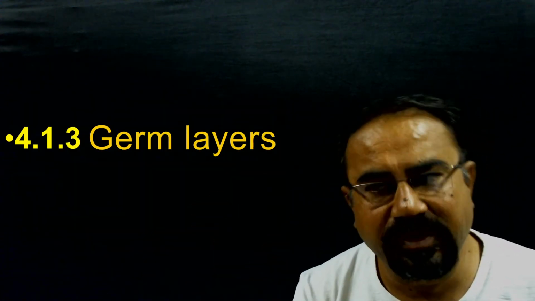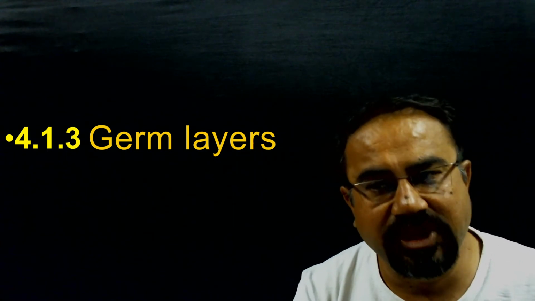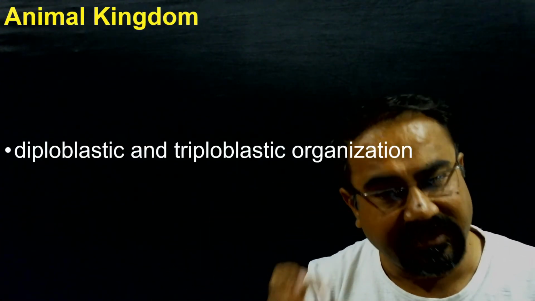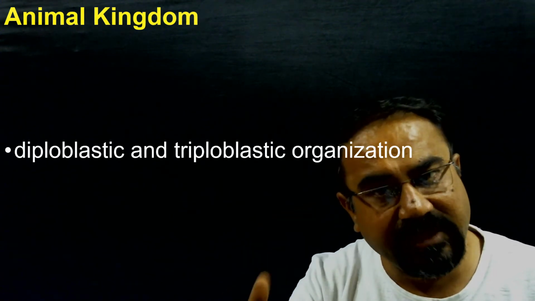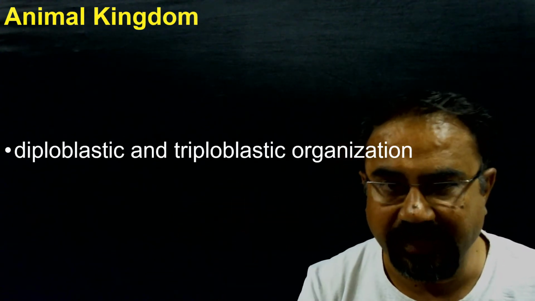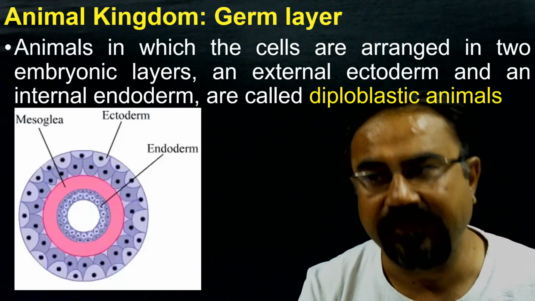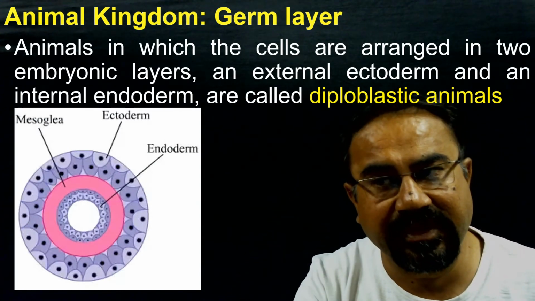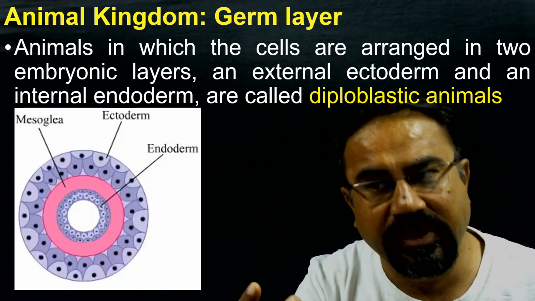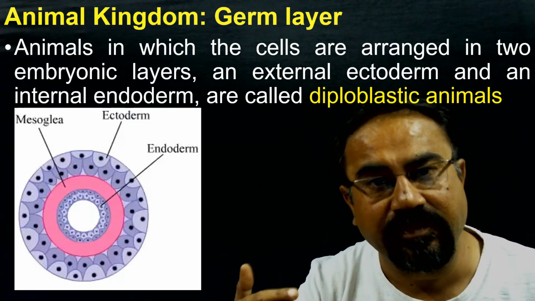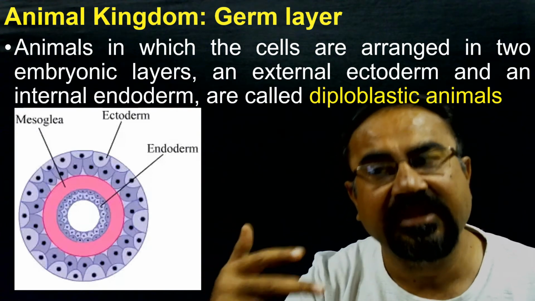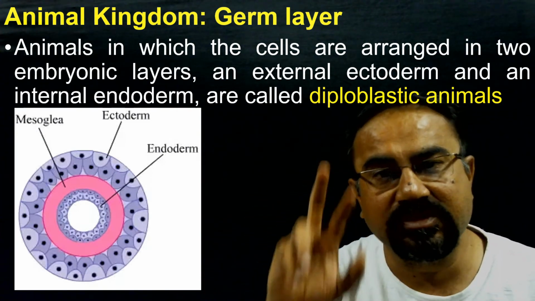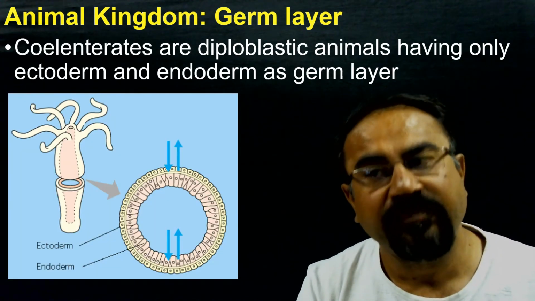Next we are moving toward the detail of the germ layers, the diploblastic and triploblastic organization of the animal at the womb level, the embryonic level. Here the animals which are showing the arrangement in the embryonic layer with two layers, ectoderm and endoderm, when only two layers are there, they are known as diploblastic animals, because there are only two layers.